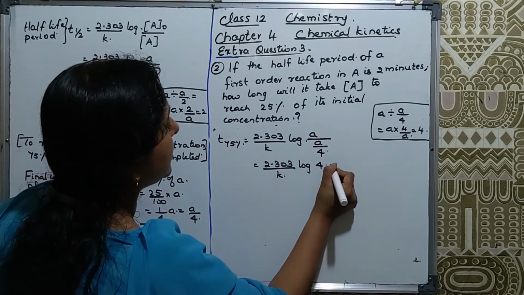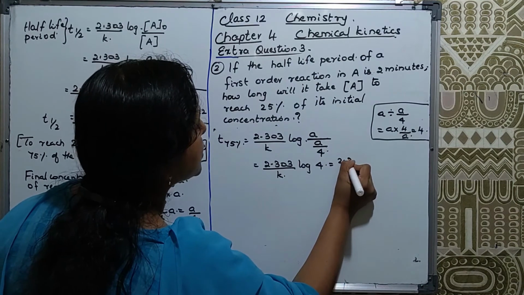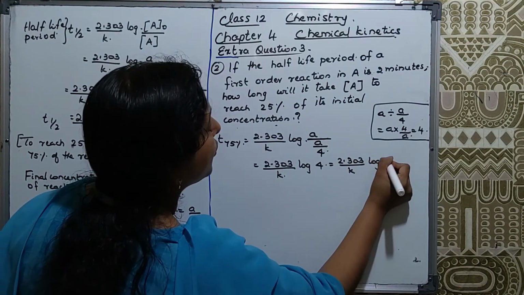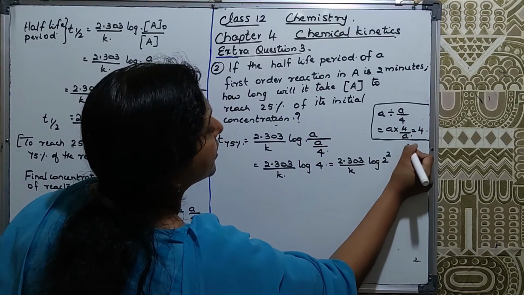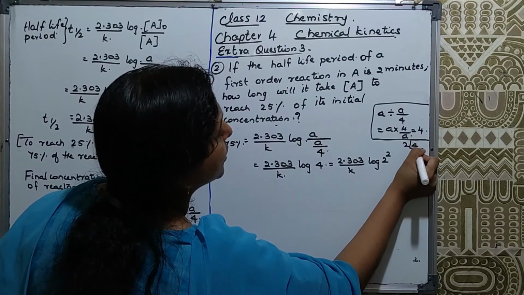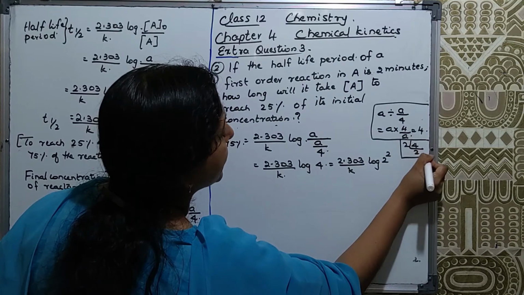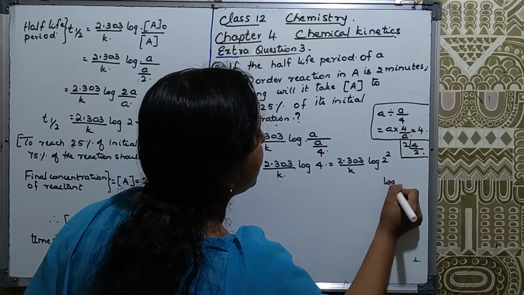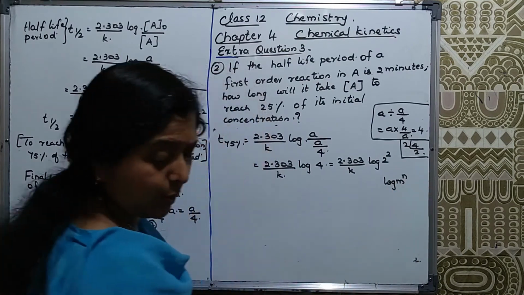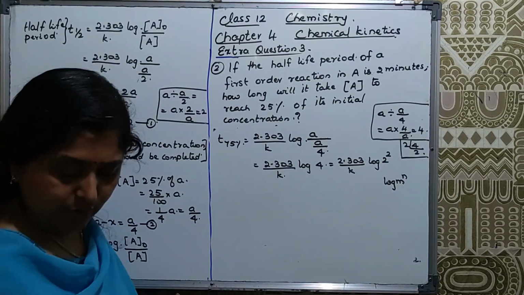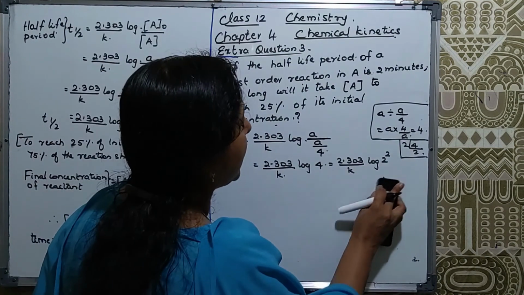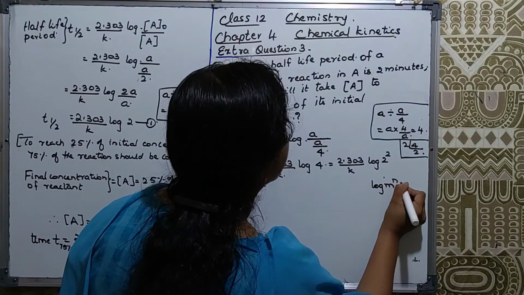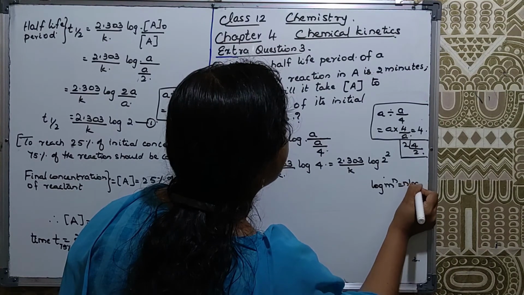Log 4 is log 2 square, since 4 equals 2 into 2. According to the property of logarithm, log m raised to n equals n log m.